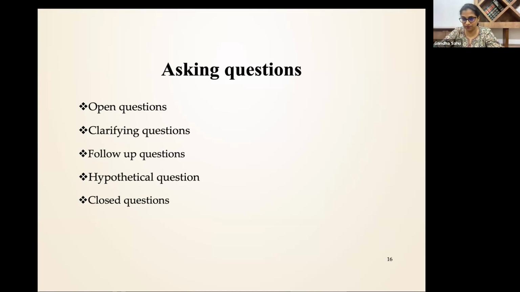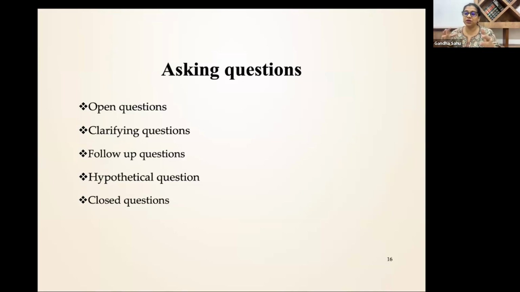Once the person starts speaking, you have to acknowledge it in whatever way, by saying okay, by summarizing, by reframing. Now, those techniques we are going to look at in terms of exactly how to converse to allow the person to speak better.